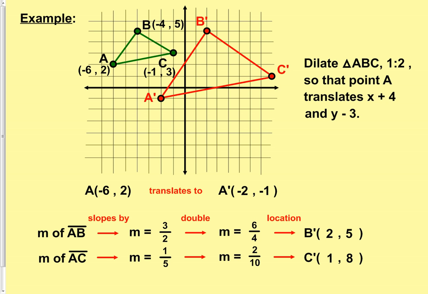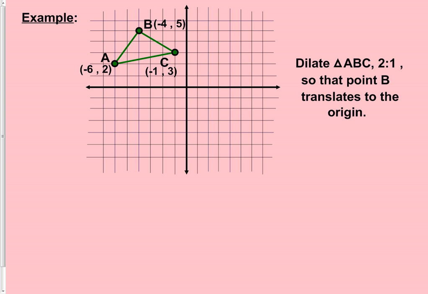We could have used the origin and the coordinates of triangle ABC to figure out the midpoint, and that could have placed it there for us as well. So you can see that in the graph, the ideas of slope, midpoint and distance are all very interrelated. I've got one more example, but we will save it for class just to make sure that there are no questions, because this is a little bit more complicated than the other transformations that we've been doing.